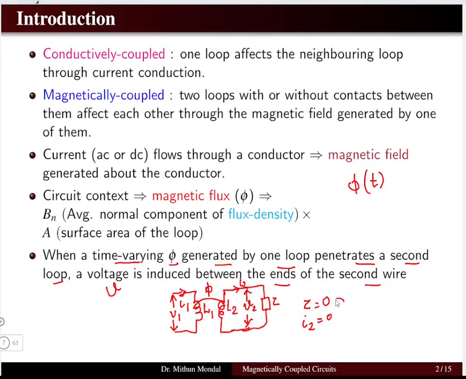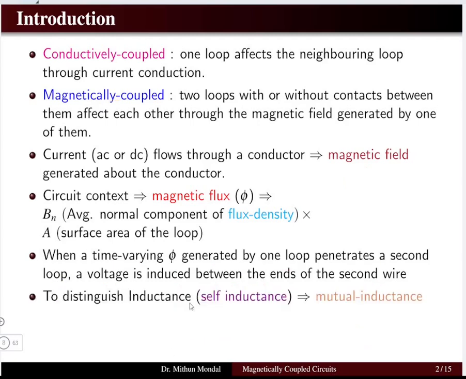Under the no load condition, the current will be 0, but there will be some definite voltage due to the magnetic induction, and hence we can say that it is a magnetically coupled circuit, where these two circuits are not linked to each other conductively.